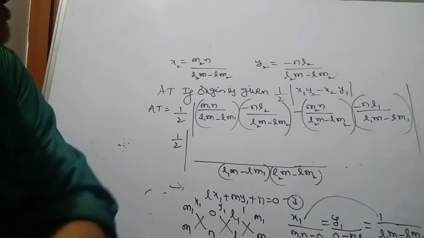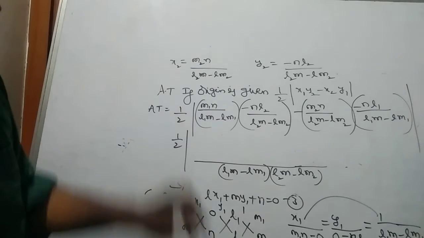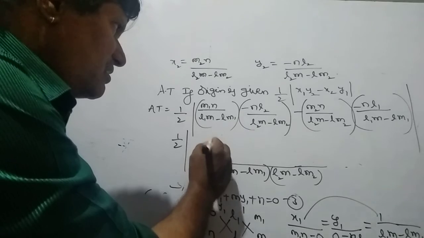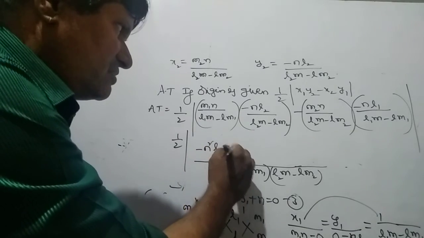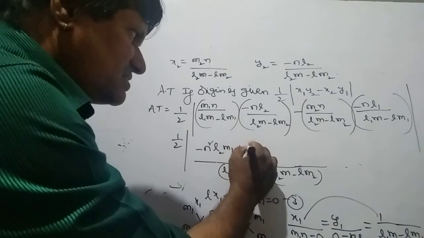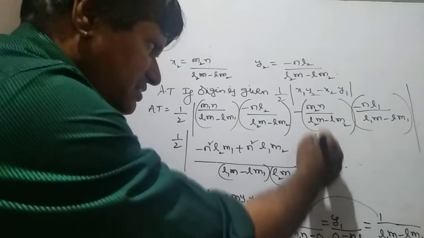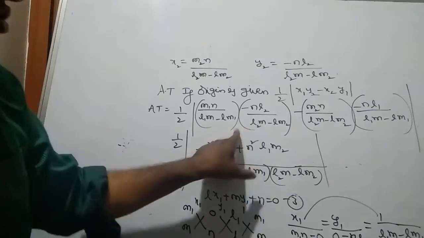We can add the numerators, so here we take minus n square L2m1, minus into minus plus n square L1m2. Here the denominator is same.